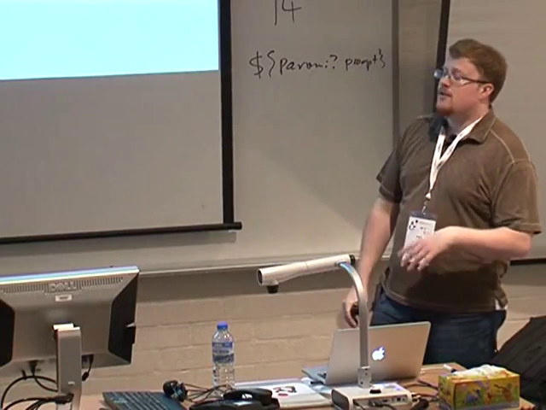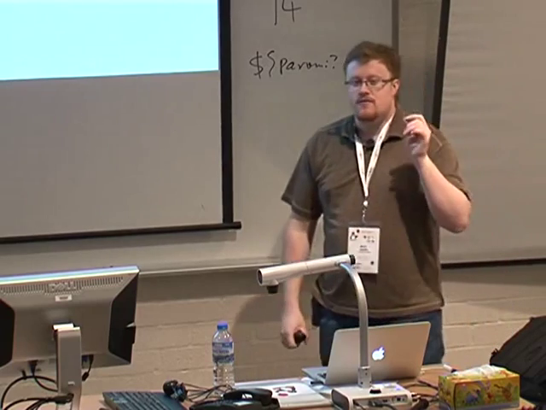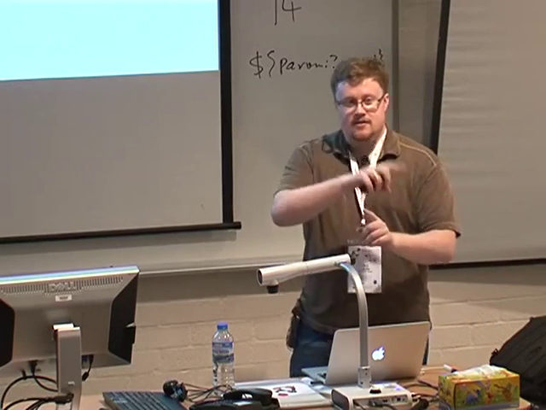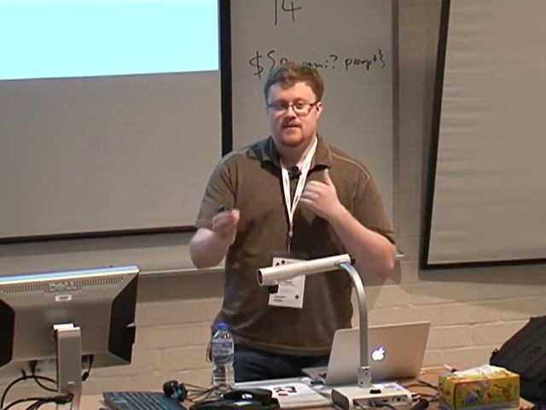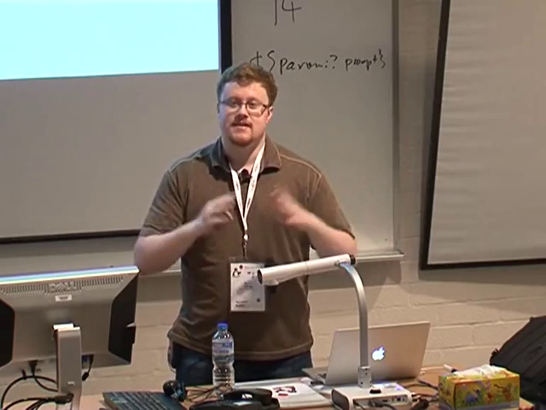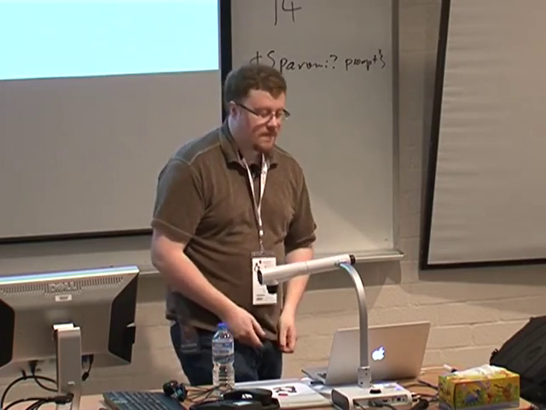SSDs, however, are about 100 microseconds, which is about 60 times faster than a rotational. So for every one seek you do on a rotational disk, you do 60 data accesses randomly on an SSD. The difference between SSD and rotational performance is huge, and that's a big reason the industry is moving in that direction for many servers.